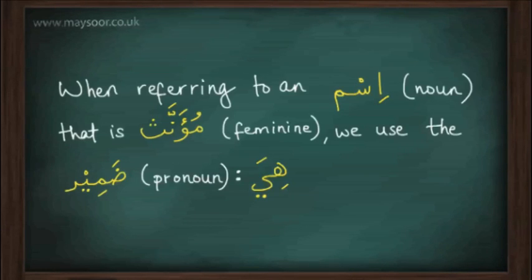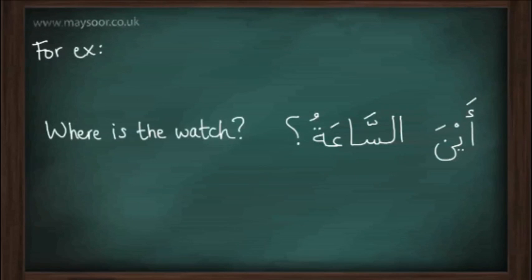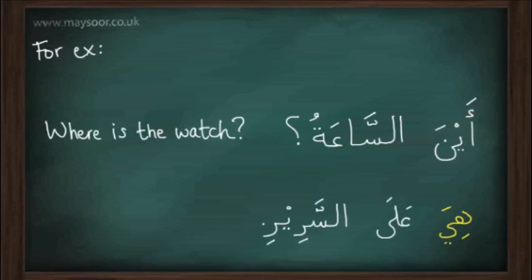On the other hand, when referring to an ism, a noun that is mu'annath, feminine, we use the domir pronoun hiya. For example, ayna as-sa'a? Where is the watch? Hiya ala as-sarir. It is on the bed.